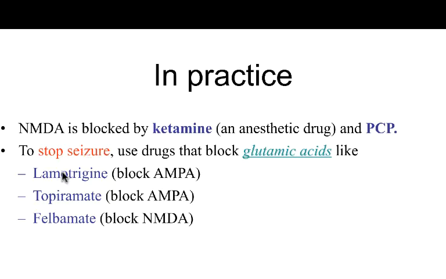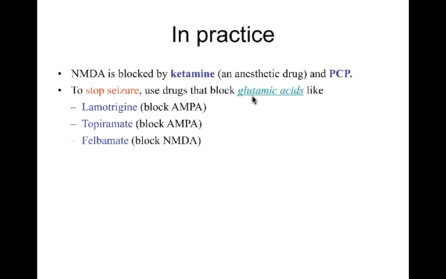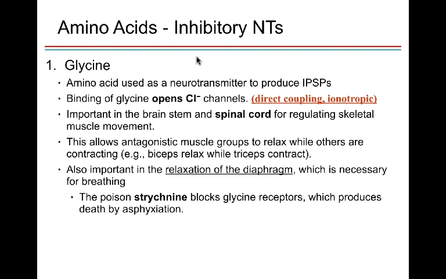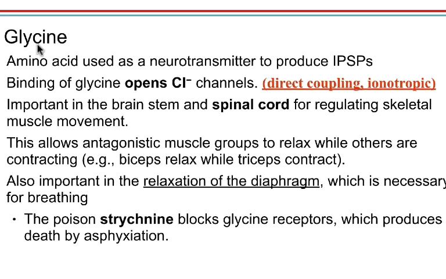We have some drugs you're going to learn in pharmacology that we use to stop seizure, and those are the drugs that block glutamic acid. Let's move on to inhibitory amino acids. The first inhibitory amino acid that we need to know is glycine. Glycine sits on a receptor which is also a channel, ionotropic, a direct coupling.